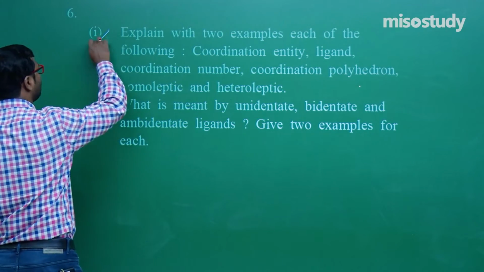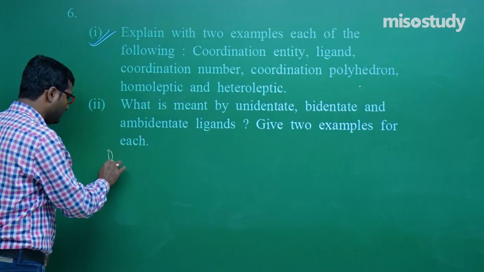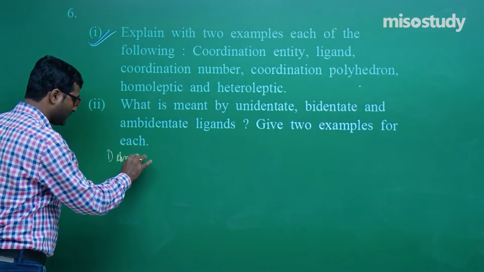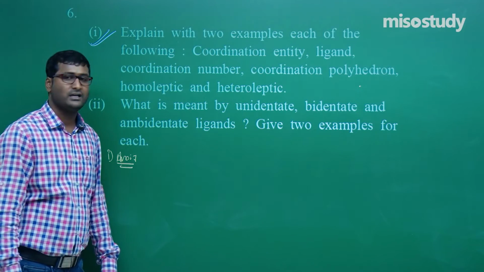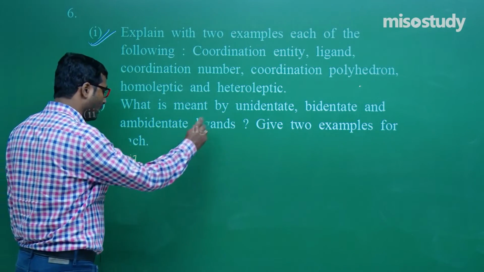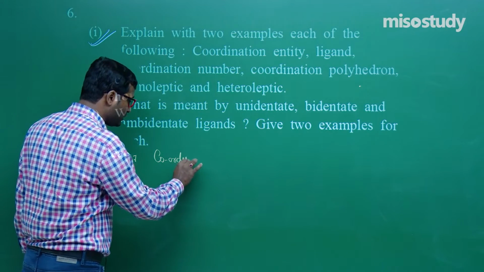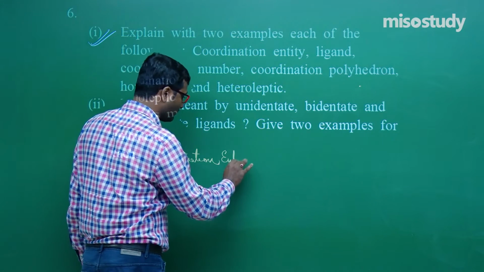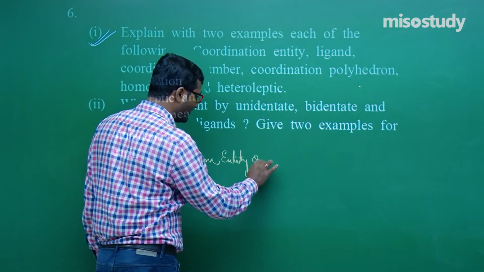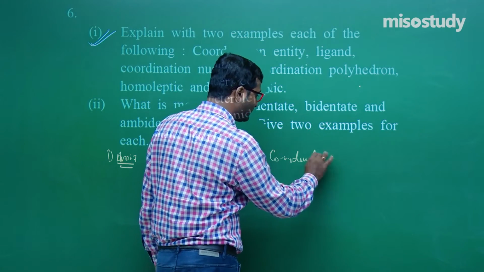I am talking about the first question. The first one is the answer of this question. What is given? Listen. Explain with two examples each of coordination entity or coordination sphere, the same thing. Coordination entity, or you can say coordination sphere.